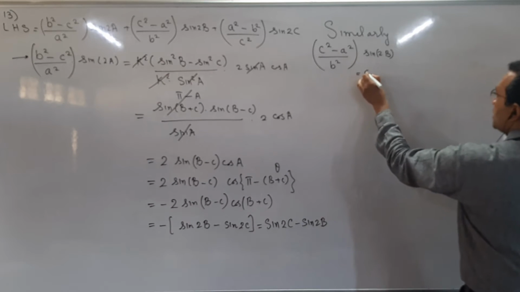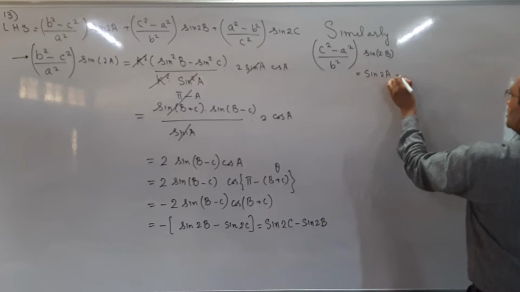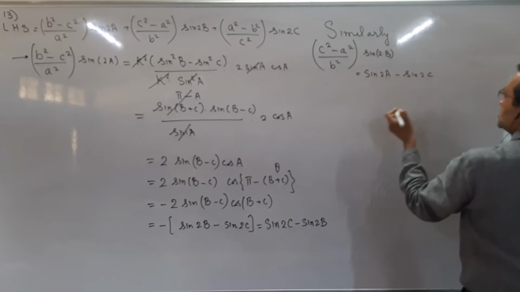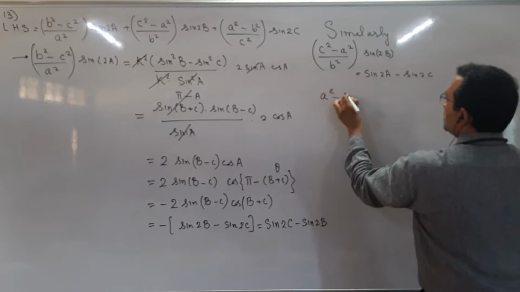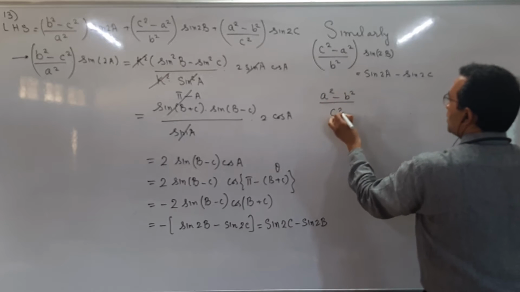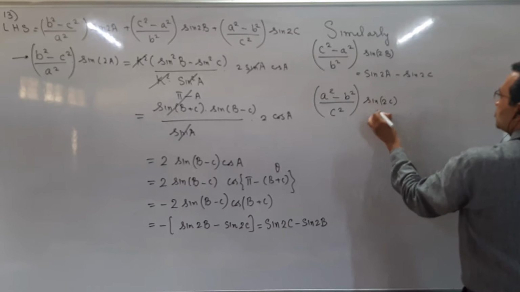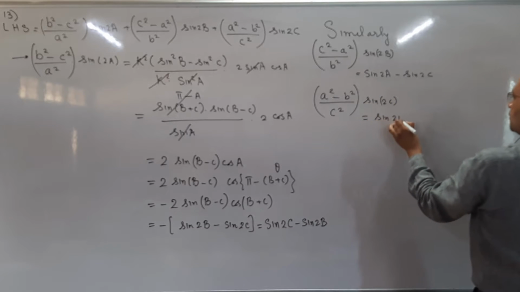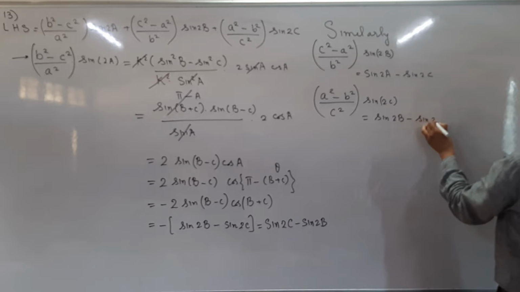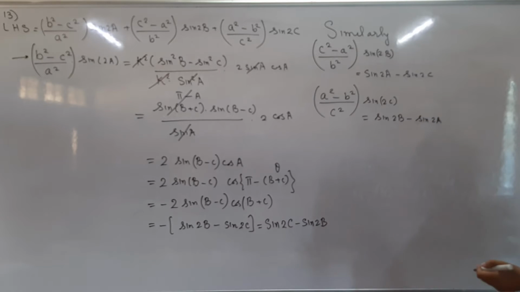So here first we will have sine 2A minus sine 2C, and last term a square minus b square upon c square into sine of 2C will be sine of 2B minus sine of 2A.